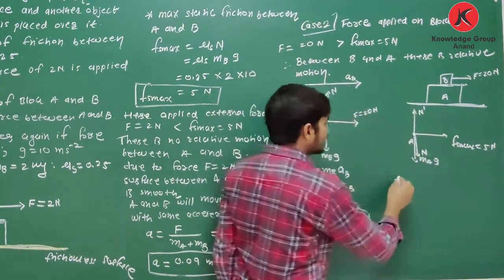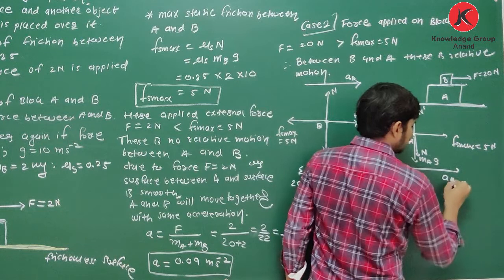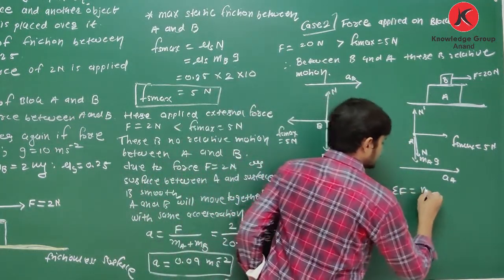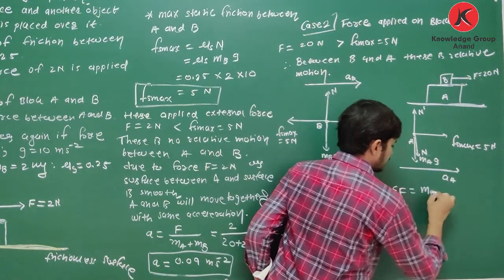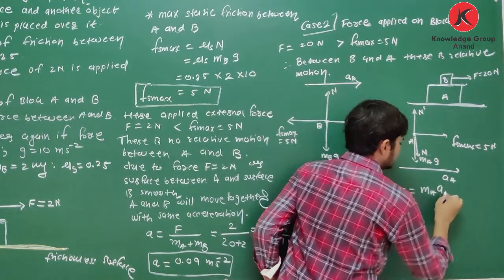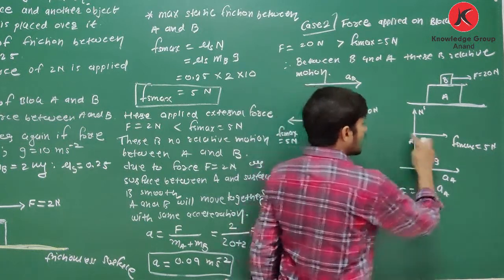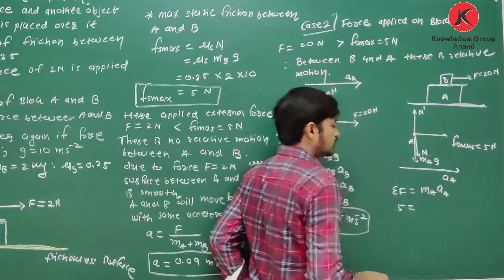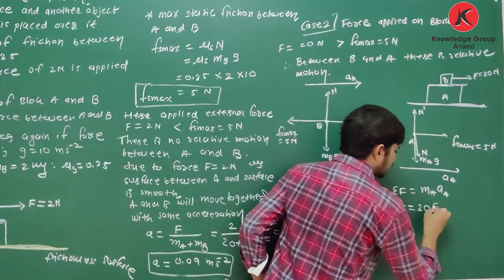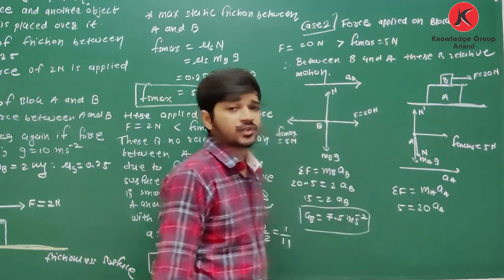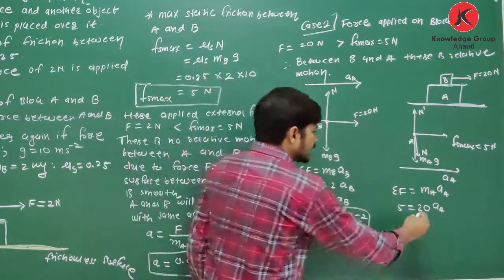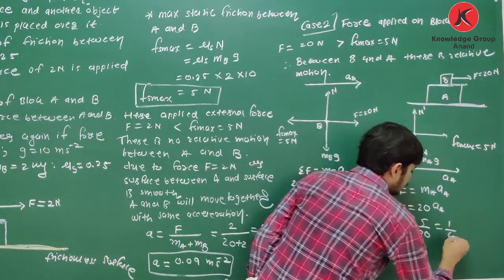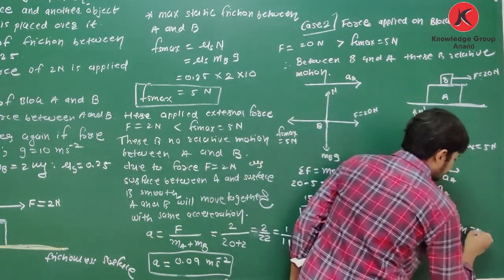Under the effect of this, block A is moving with acceleration AA in this direction. Sigma F equals mA AA. In this direction there is only one force, 5 Newton. So 5 equals mA AA, the mass of block A is 20. So acceleration of A is 5 by 20, that is 1 upon 4 meter per second square.